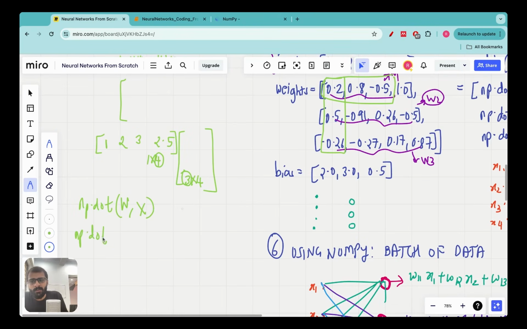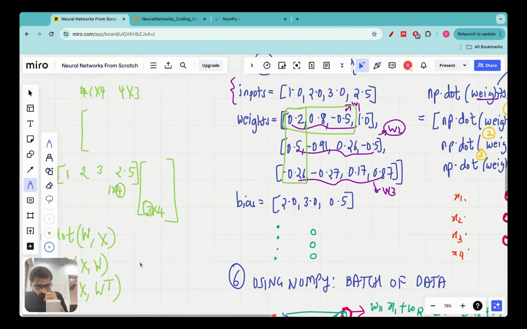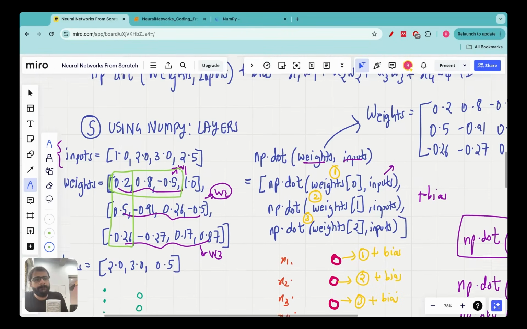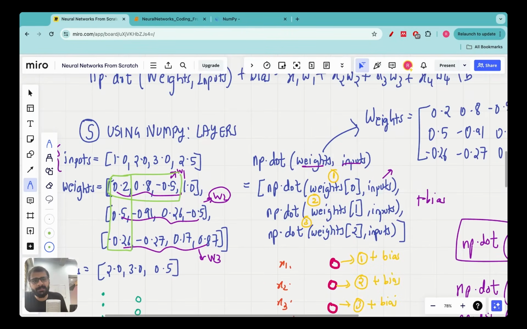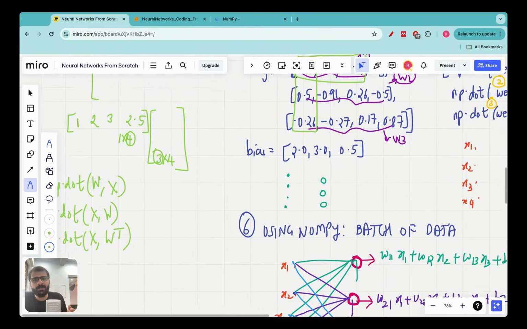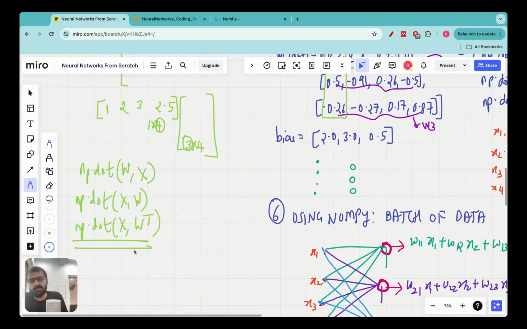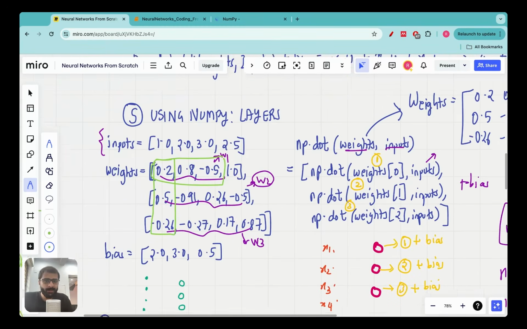Check what you get with np.dot(x, w), and check what you get with np.dot(x, w transpose). Check both of these things. My prediction is that if you do this, you might get the same answer as np.dot(w, x), but the other will lead to an error. So this needs to be checked.